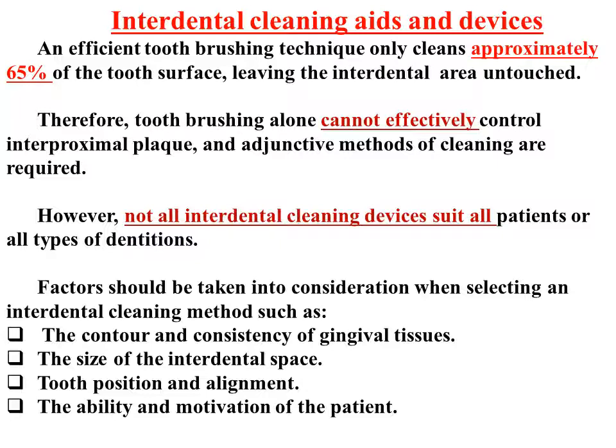However, not all interdental cleaning devices suit all patients or all types of dentitions. Factors should be taken into consideration when selecting an interdental cleaning method, such as the contour and consistency of gingival tissues, the size of the interdental space, tooth position and alignment, and the ability and motivation of the patient.